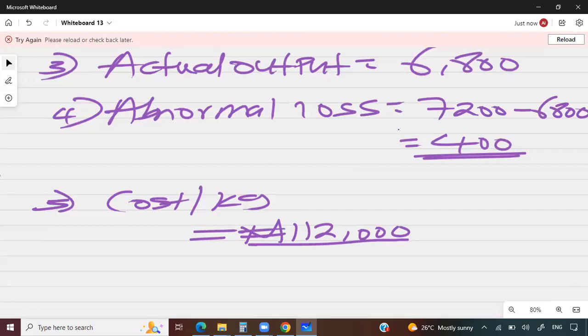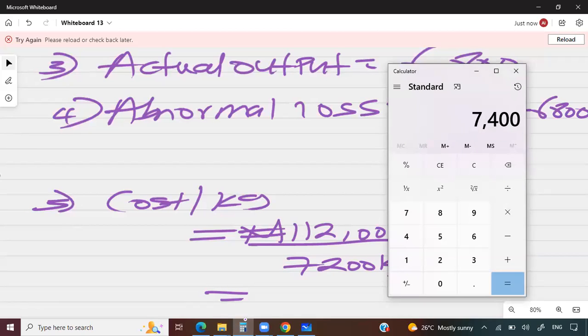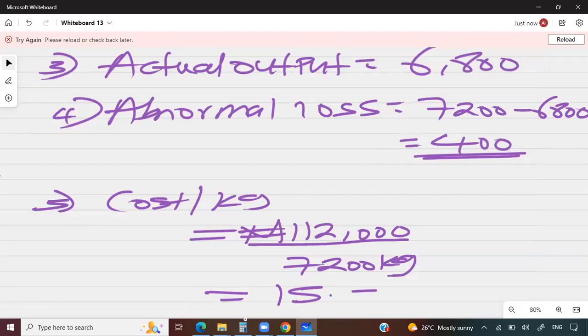We are expecting 7,200 kg. So 112,000 divided by 7,200 is 15.56. That will be the price we are going to use, 15.56 per kg.